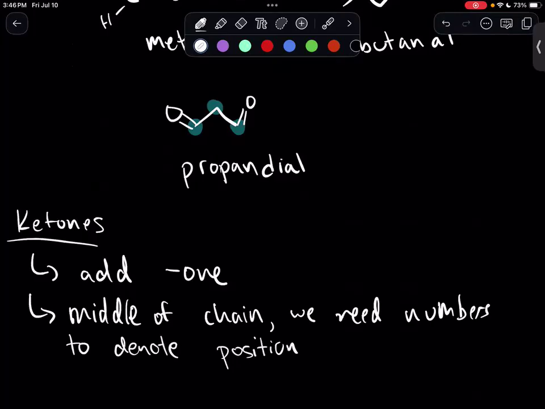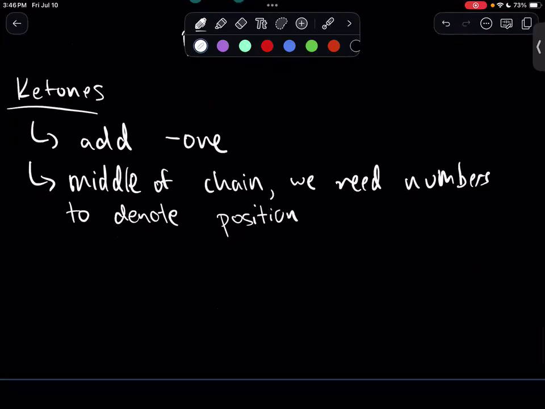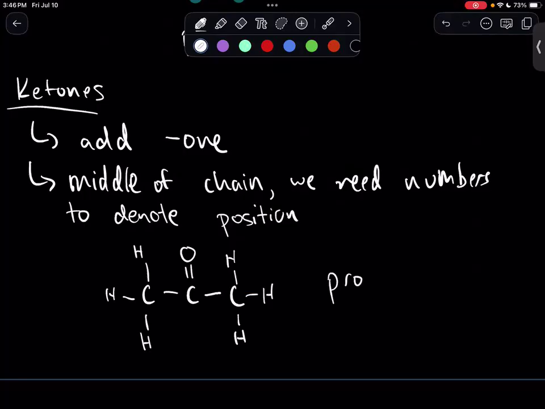Now, there is one exception with this, which is the simplest one. It's going to be 3 carbons, because if we have carbon, carbon, carbon, there is only one place that is technically the middle, and therefore we don't have to denote where it is. A 3-carbon ketone can only be propanone.